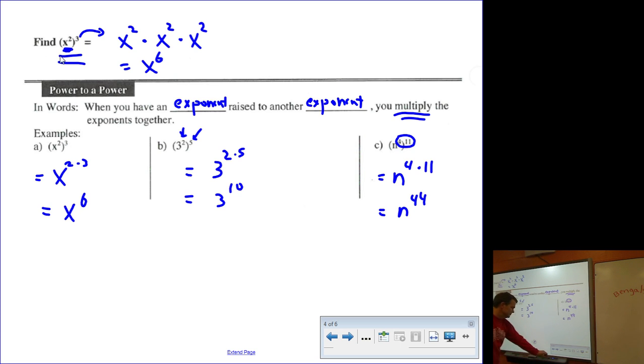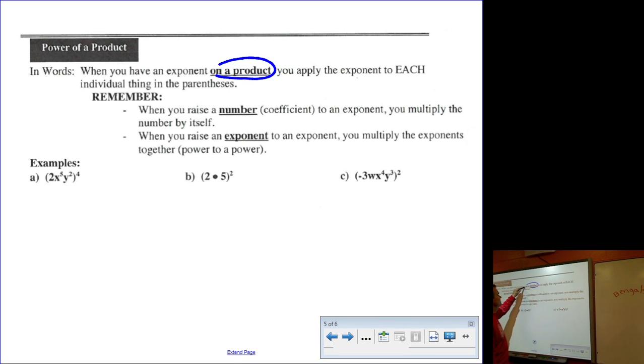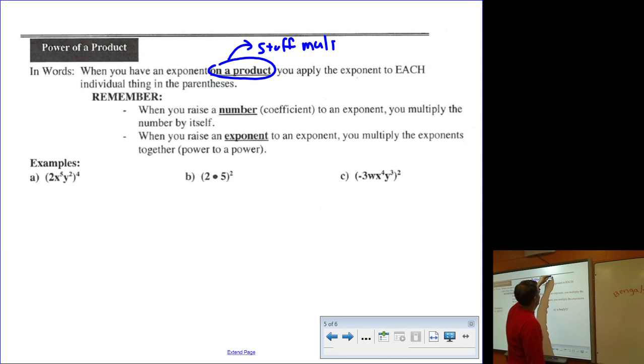All right? We've got one more rule on this homework. It goes along with those 2 rules, so it's not too difficult. And it's called the power of a product. It says when you have an exponent on a product, right? Remember, a product is simply stuff multiplied together.